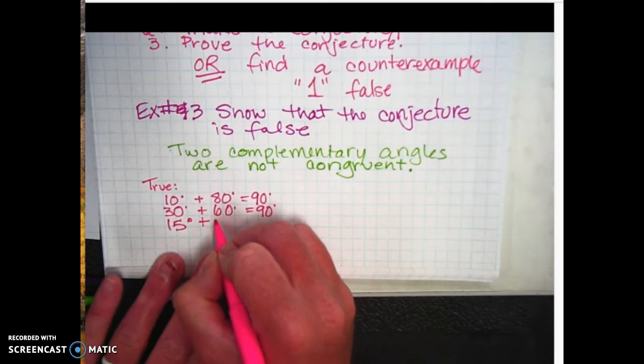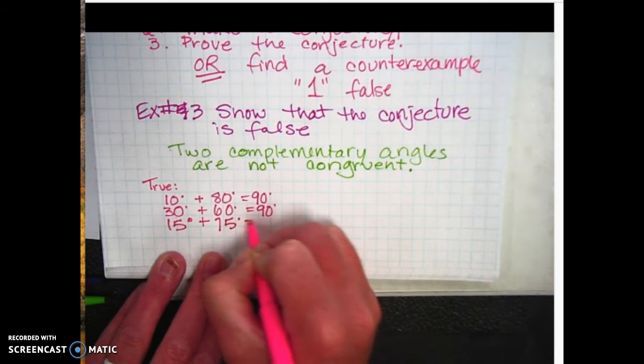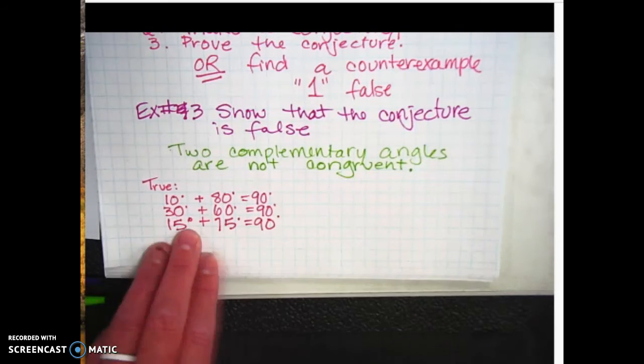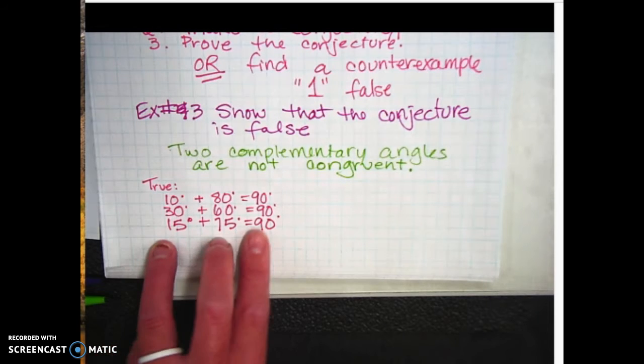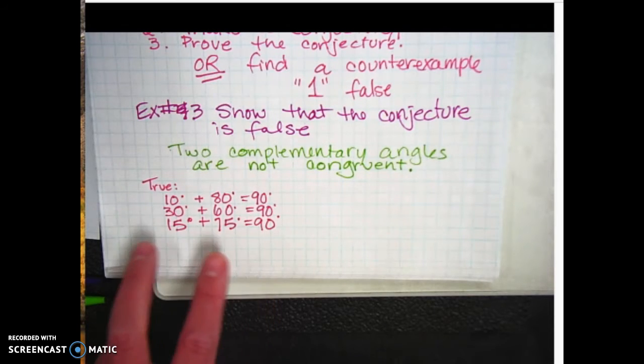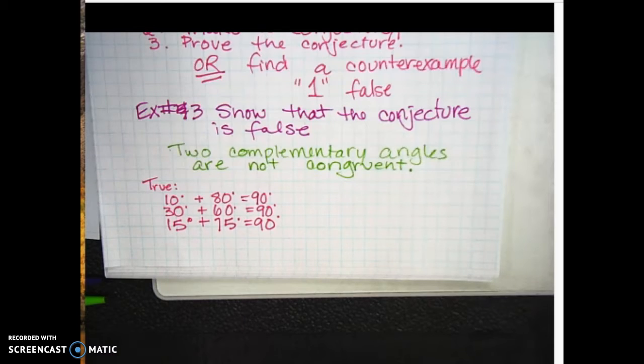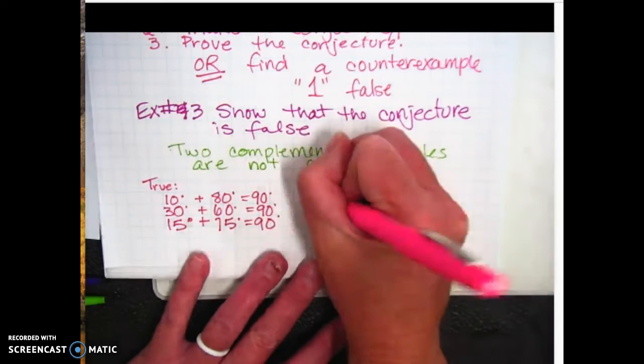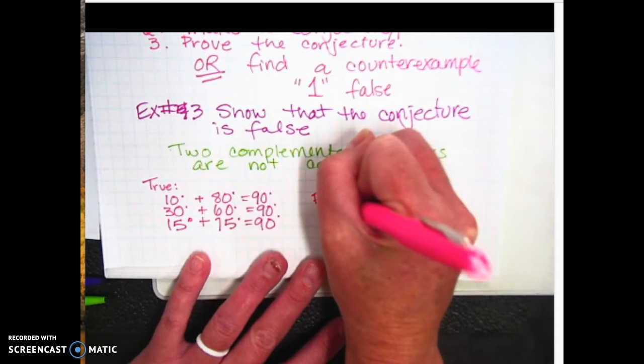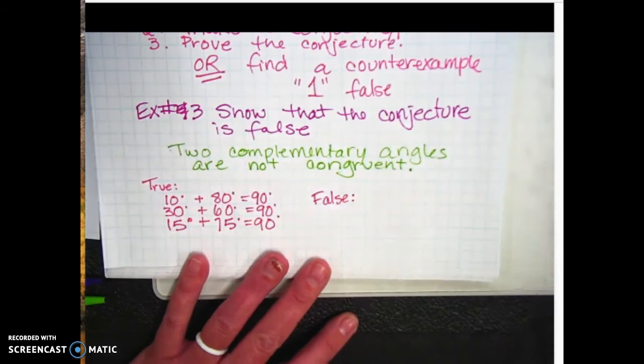Yes, 75. So 15 degrees plus a 75 degree angle adds up to 90 degrees. They are not congruent. We just need one example to prove this false.